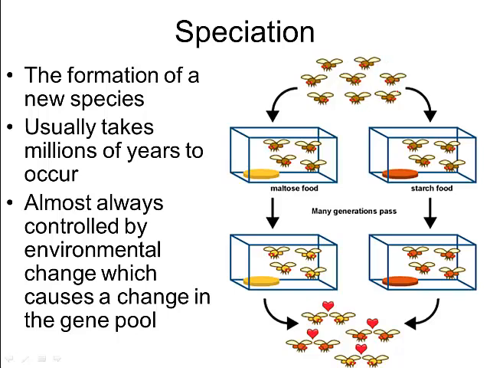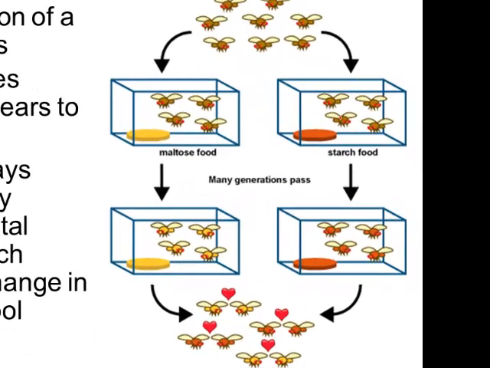So this is an example of some fruit flies. Here we had a group of fruit flies that were happily living together, and they were separated into 2 groups. One group was given maltose as its food source, and the other was given starch. And they let many, many generations pass, eating only that particular food source, to the point where they actually developed into separate species.